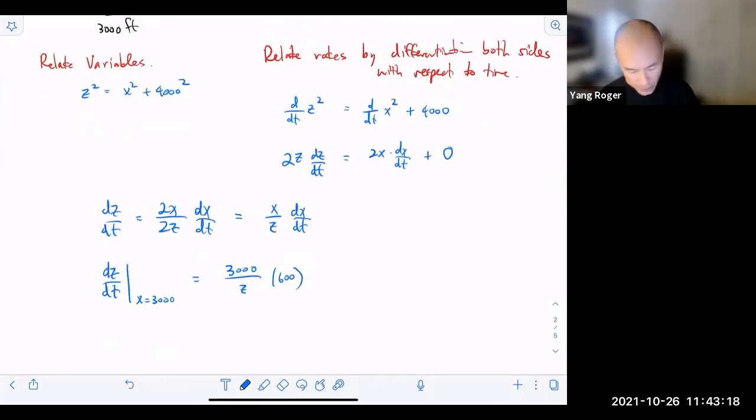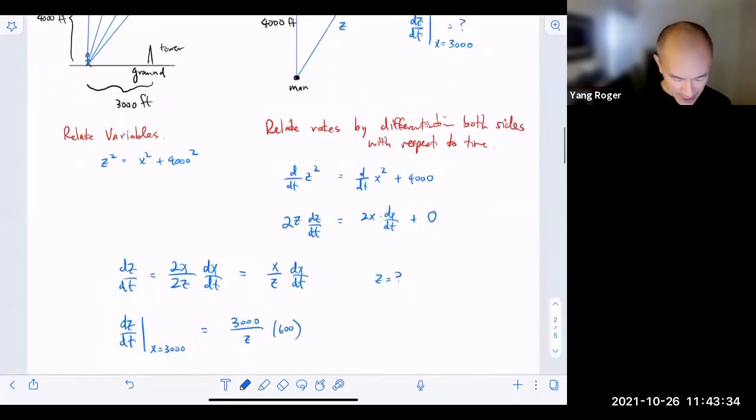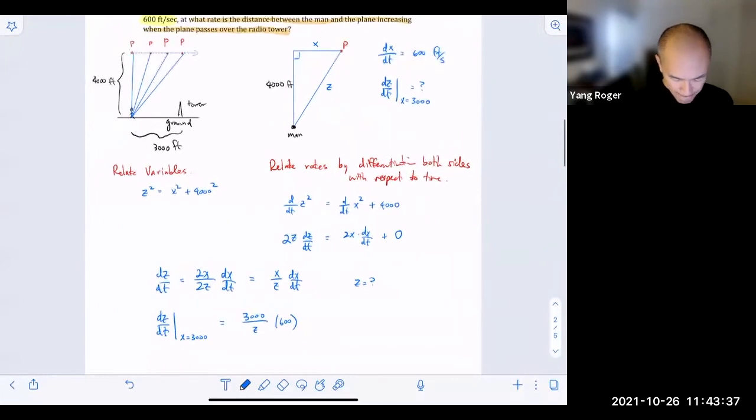But we still have a variable here of z. So the question is, what's z equal to? Does anybody know how I can find z if I know that x is 3,000? Any thoughts on how I can find the z?